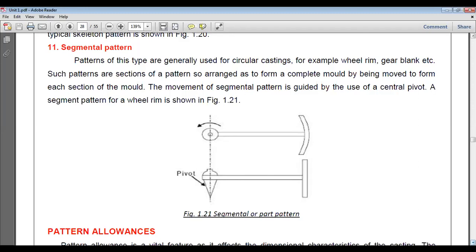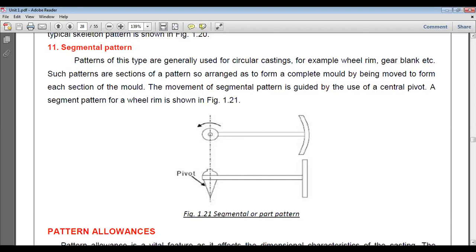Segmental pattern and sweep pattern are almost similar, but the difference is the segmental pattern has many segments, whereas the sweep pattern has one segment of the pattern, one by eighth or quarter or 1/16th of the whole pattern, and that is rotated and swept around an axis. This way, it forms the whole mold. Okay, so these were 11 types of patterns.